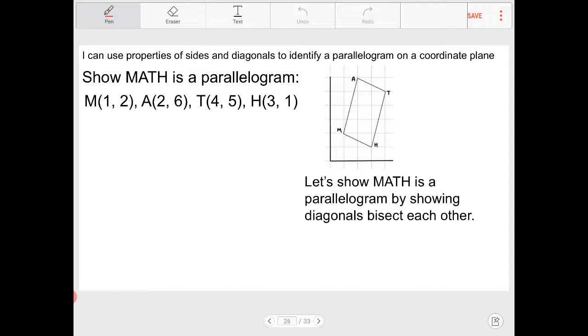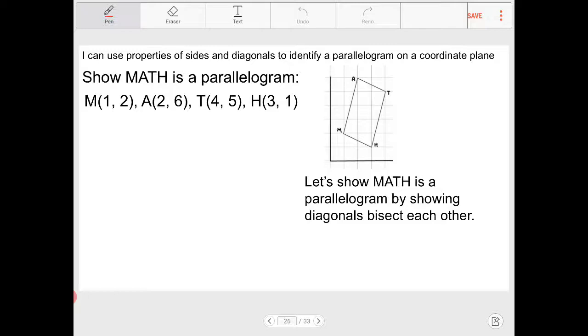Let's show MATH is a parallelogram by showing diagonals bisect each other. Please pause the video again, take a moment and figure this out on your own, and at the end, please write a declaration for why MATH is a parallelogram based upon the work that you've done. And welcome back.